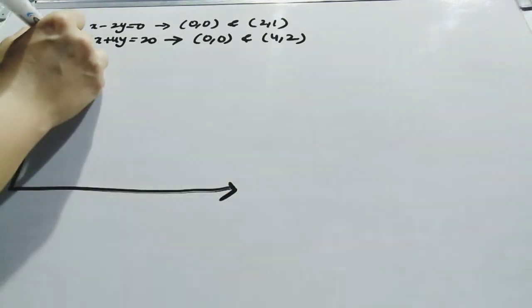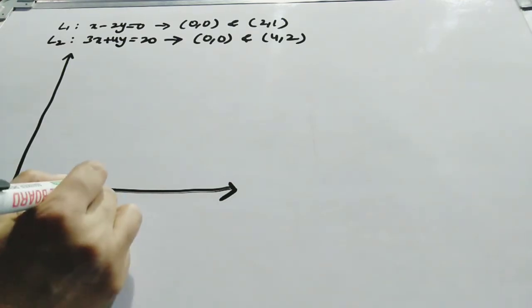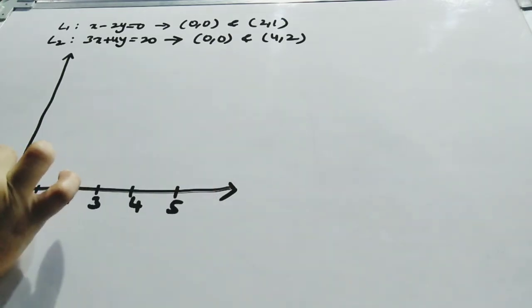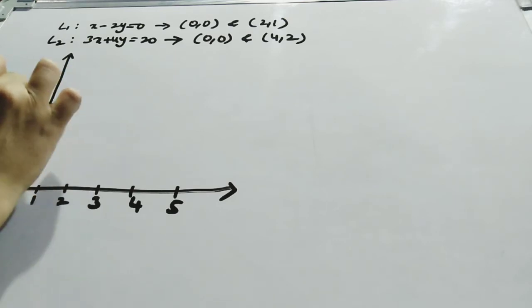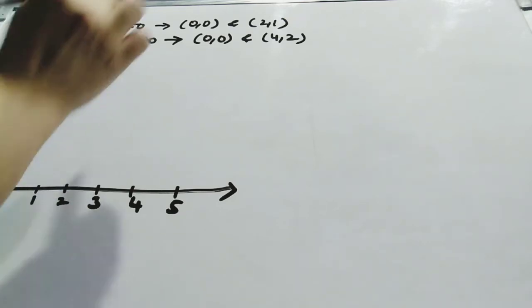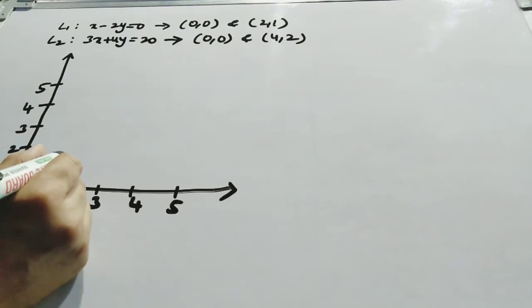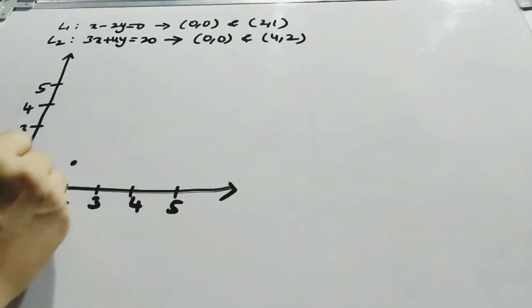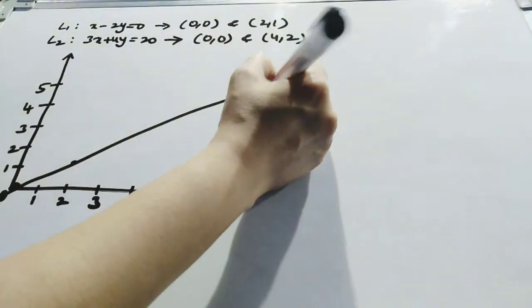I am using a rough graph. Mark 1, 2, 3, 4, 5 on both axes. Plot 0, 0 and 2, 1, and draw a straight line. This is your L1.